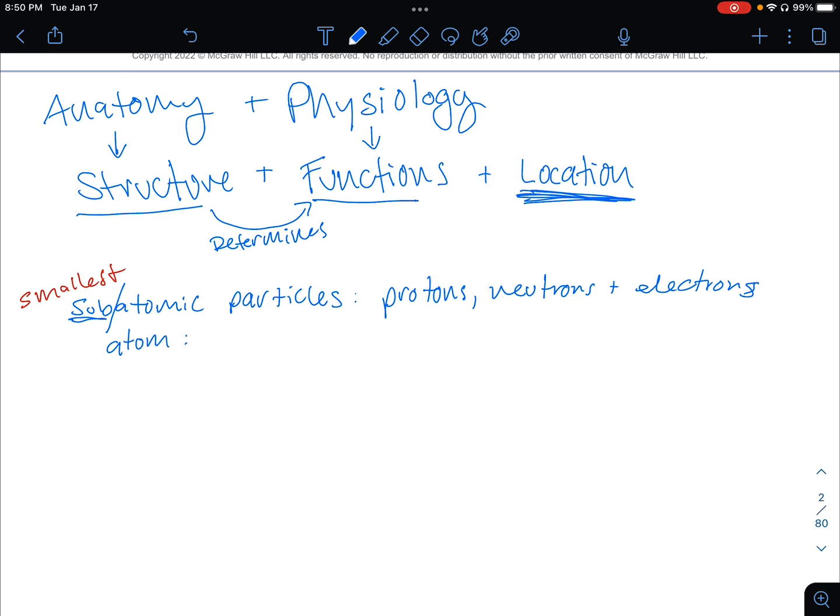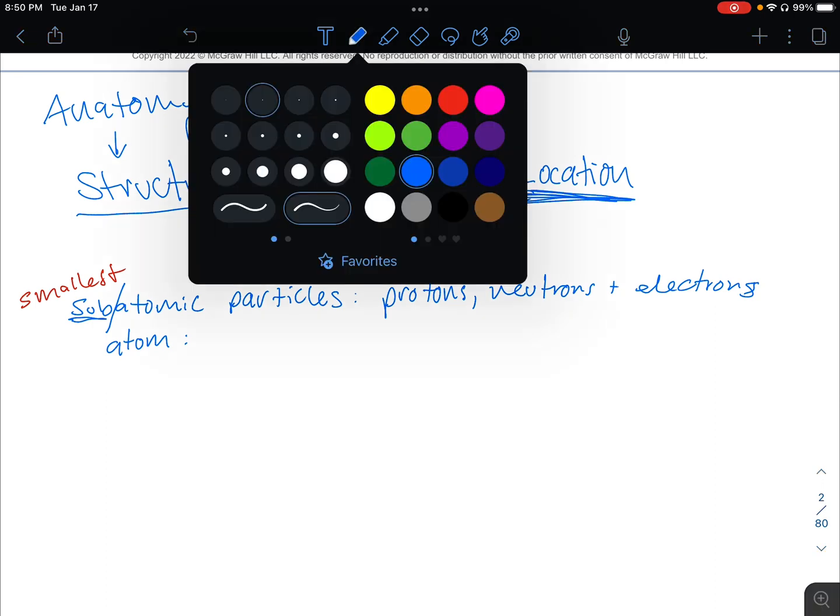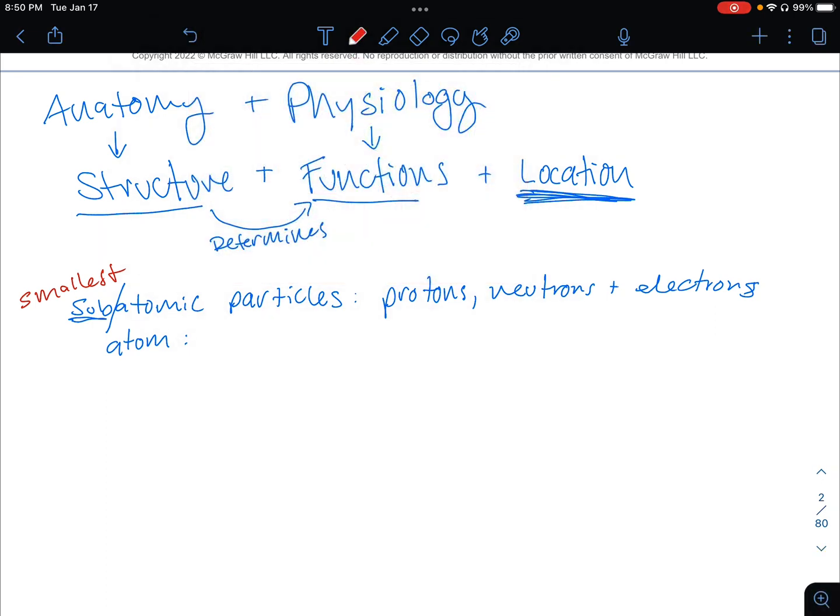So before we go up to that, our subatomic particles, we said protons, neutrons, and electrons. These all have a specific charge. Our protons are going to be positive, our neutrons are going to be neutral, and our electrons are going to be negative. And we'll talk about why those are very important as we continue along.